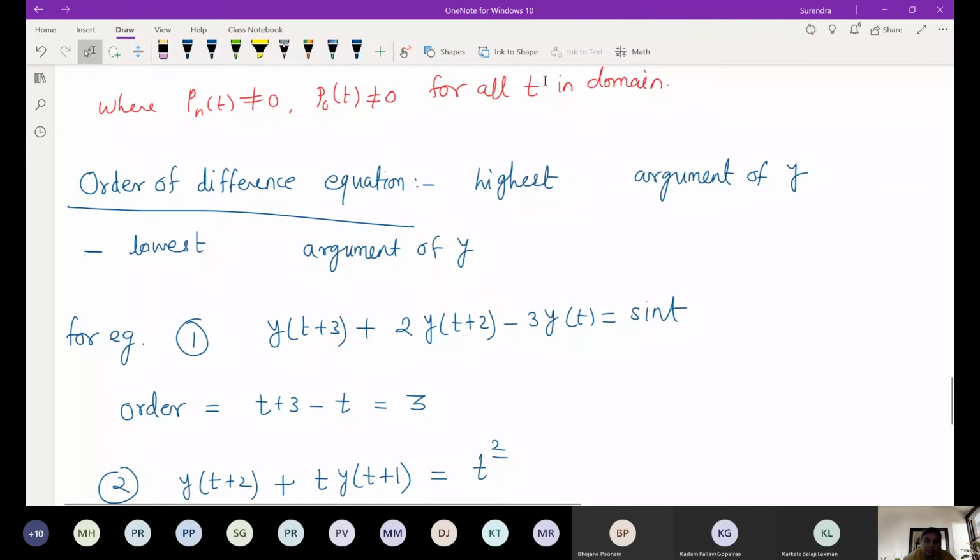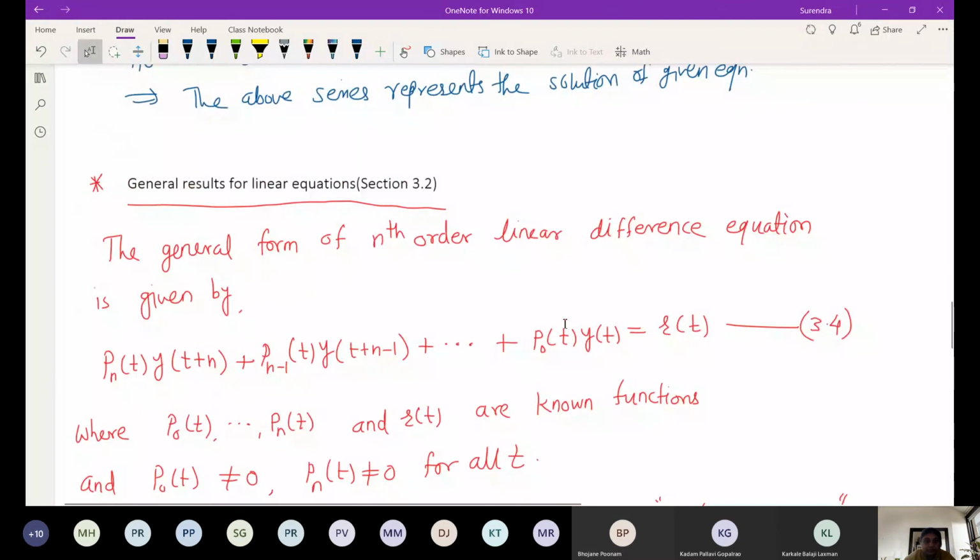So just now we have written here the general form of nth order linear difference equation. When we say that it is nth order, Pnt and P0t both should be non-zero. You can see here Pnt and P0t should be non-zero. Otherwise, its order will reduce to less than n, right?